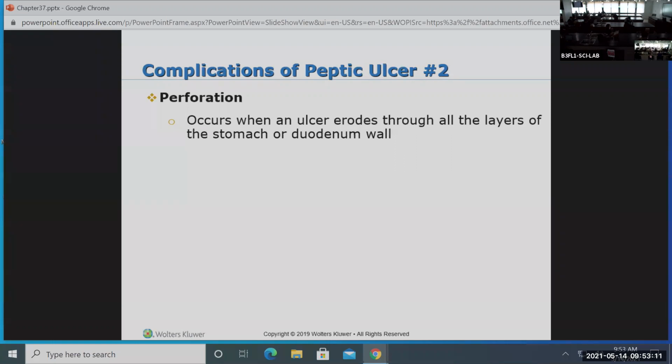It occurs when an ulcer erodes all the layers of the stomach, all 4 layers of the stomach or duodenum, and everything we have in the stomach goes right into the peritoneal cavity. Severe pain, the patient might go into shock. Emergency operation.